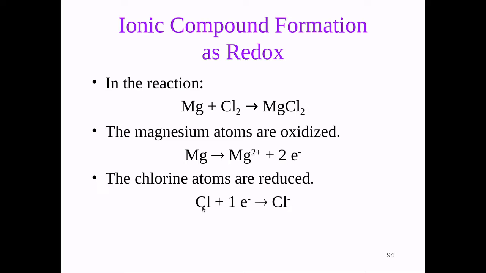And each one of the chlorine atoms has taken on an electron to form that chloride anion. We need to have balance between these electrons, right? So that's why we need 2 chlorines to balance out each one of the magnesiums. And then we'll see that their charges also cancel out. These reactions here that I've written are known as half-cell reactions, where we're showing the transfer of electrons.